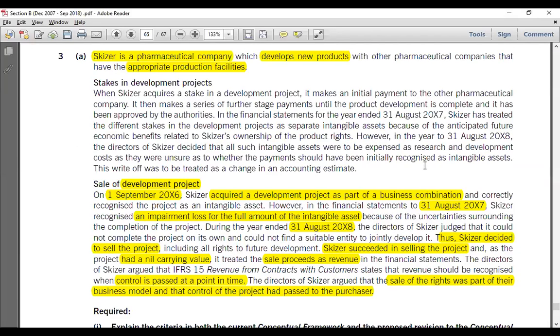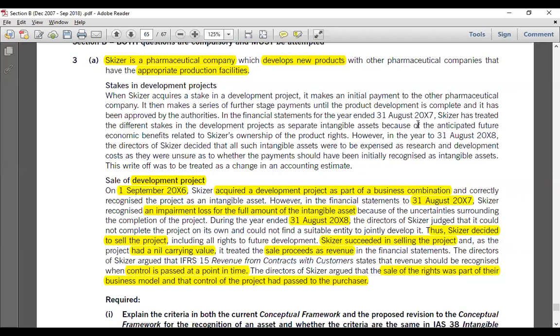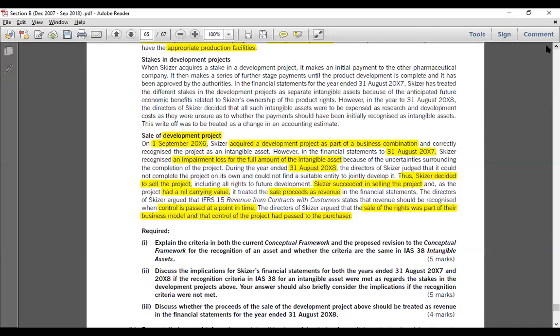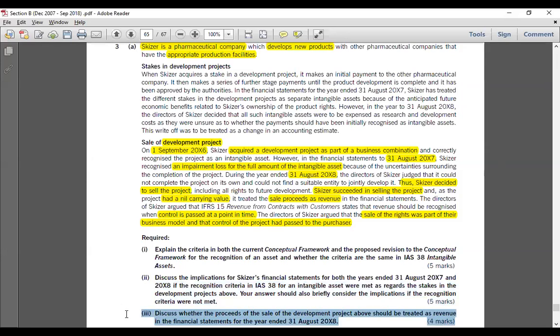You can take the snapshot of the question as well. I'm zooming out to include the requirement as well. So we have discussed this requirement, part 3. And you can take the snapshot. Take it, everyone.